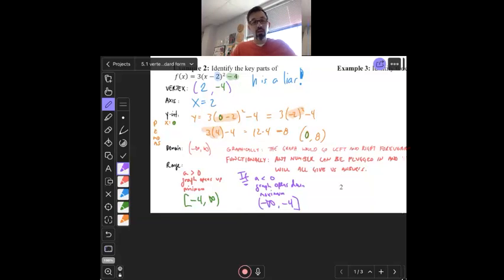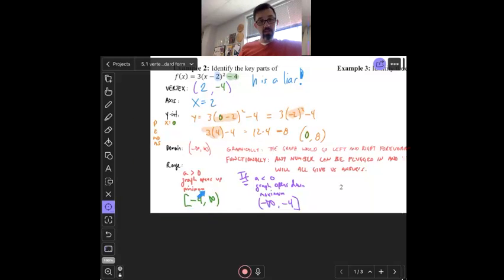Okay? So if domain describes our inputs, what they can be, okay, then the range describes our outputs and what they will be. Okay? So this would say that all of our answers would be -4 or greater. We would never get an answer that's less than -4. Okay? Or this would say all of our answers are -4 or less.